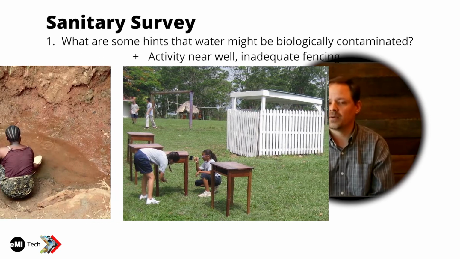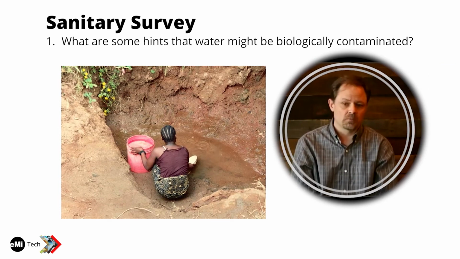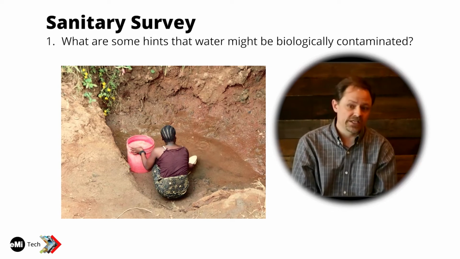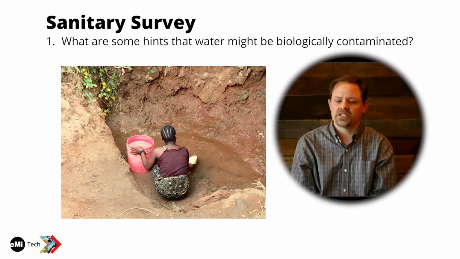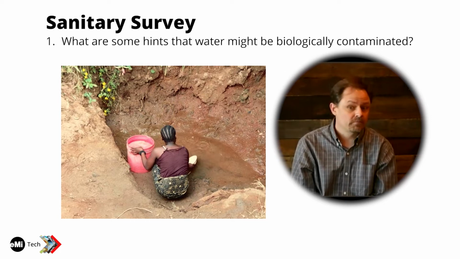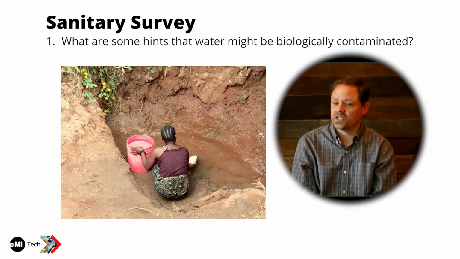The picture on the right I'm going to make hard for you too. So clearly there's a woman collecting water from a surface water body. We know that is likely to be unclean. But imagine instead she was collecting it from a tap. Would there still be any cause for concern, anything we might want to pay attention to?